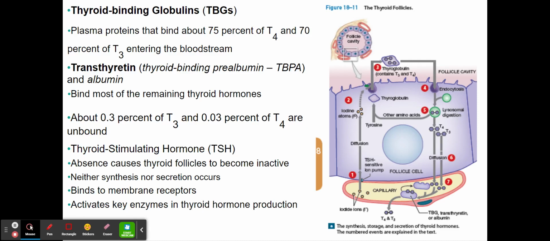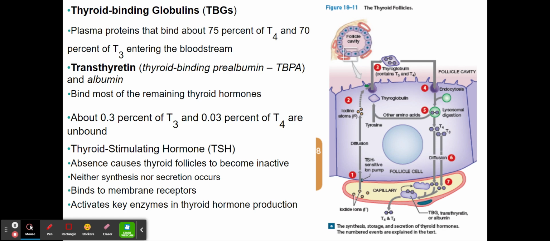When unbound thyroid hormones diffuse out of the bloodstream and into their tissues, the equilibrium is disturbed. The carrier proteins then release additional thyroid hormones until a new equilibrium is reached. The bound thyroid hormones make up a substantial reserve. The bloodstream normally has more than a week's supply of thyroid hormones.